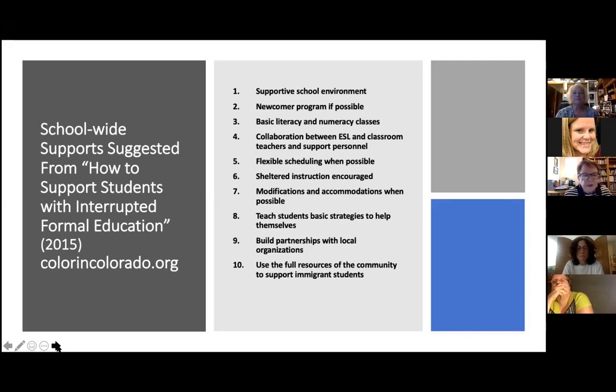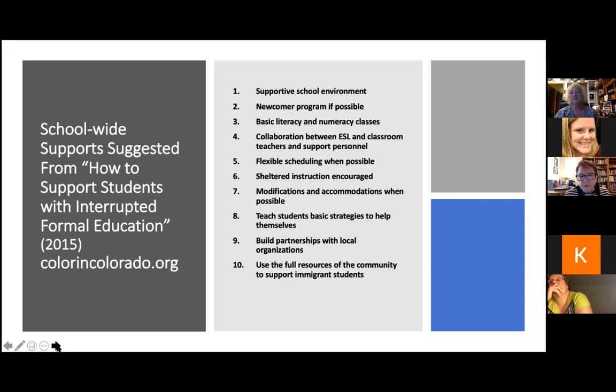A very good article in Colorín Colorado, written by Christina Robinson, mentioned 10 things that schools can do to support students with interrupted formal education. You can access that just by looking her up by name on Colorín Colorado's website. The whole school has to be involved, and there has to be a supportive environment within the school.